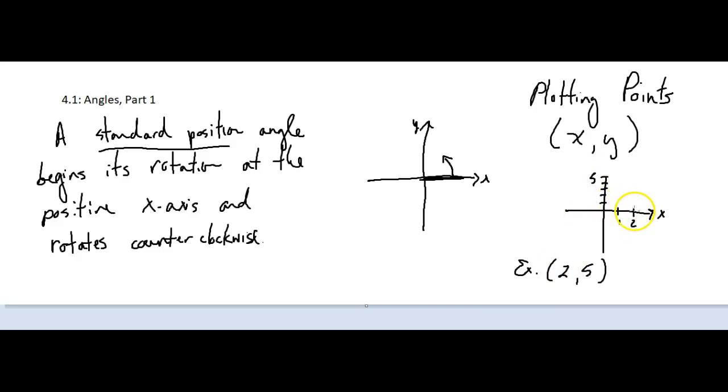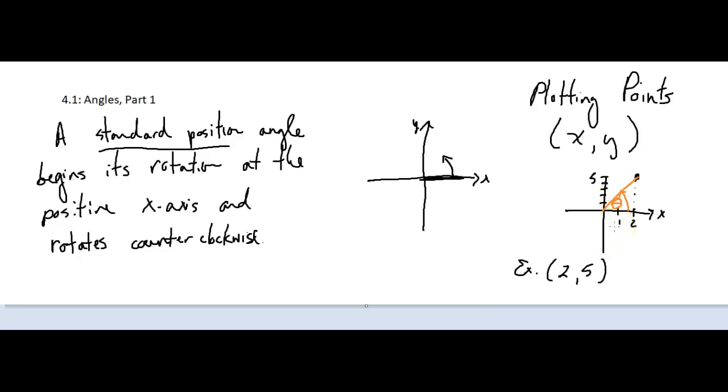So over 2, up 5, and that's where the point gets plotted. We will be connecting that point to the origin in order to work with that rotation. So take that point, connect it back to 0, 0. You'll be concerned with the angle theta, which is created between the x-axis and that terminal arm.